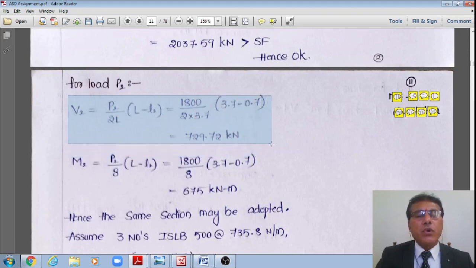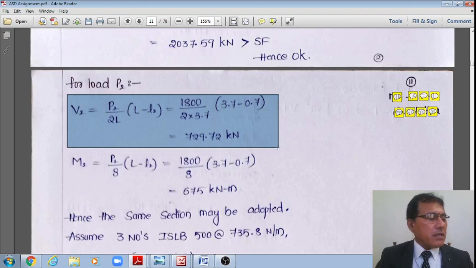V2U is equal to P2U divided by 2L, multiplied by L minus L2. The factored load is 800 divided by 2 multiplied by 3.7, multiplied by 3.7 minus 0.7, because the base plate under column 2 is 0.7 by 0.7.